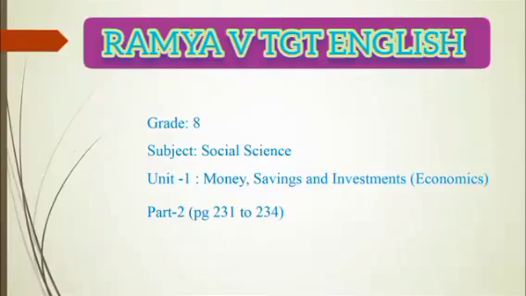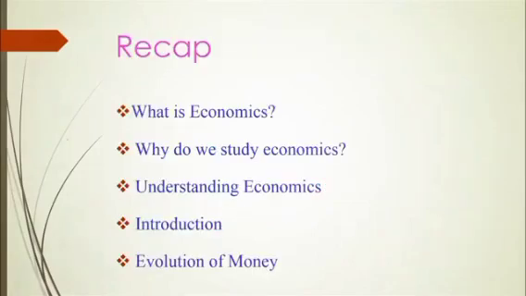First unit in economics, which is money, savings and investments. In the last class, we have already seen what is economics, why do we study economics, understanding economics, introduction part. Finally, we have discussed the evolution of money.